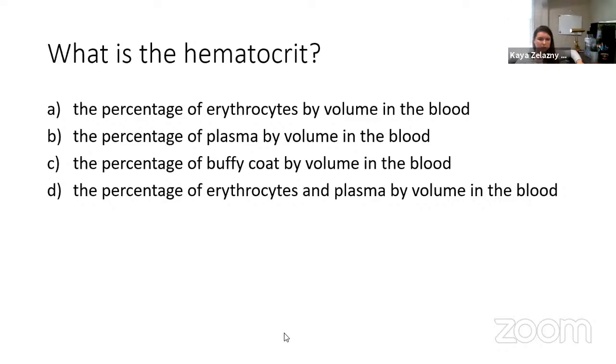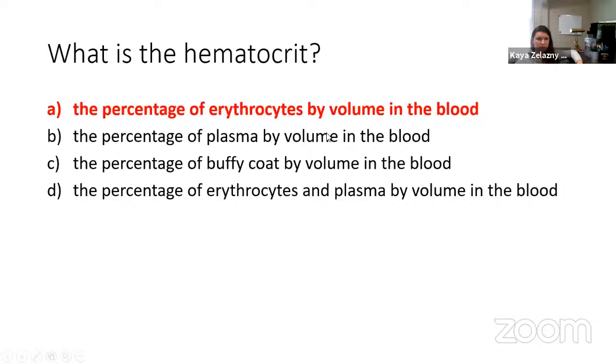So quick question. I think this might have directly been one of your Phys 1 questions. What's hematocrit? Right.